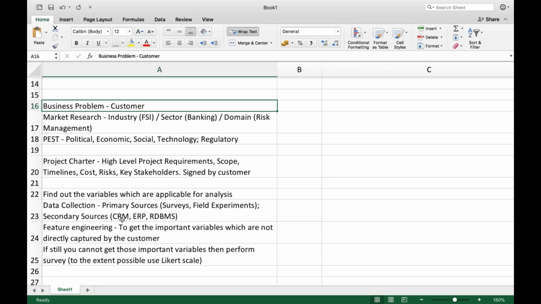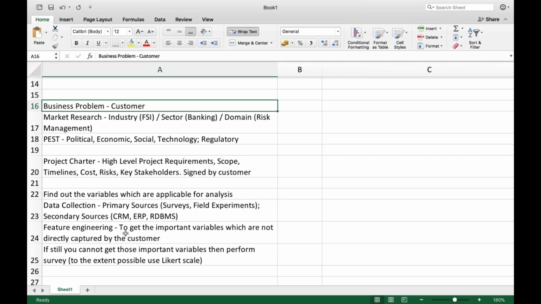First, you have to look out for already existing data, which will be in the secondary sources. If you get all the variables, good, go ahead with your analysis. But if you do not find a few of the variables, then you have to check whether you can use the data in the secondary sources, do some mathematical modifications to get those important variables. That part is called feature engineering.